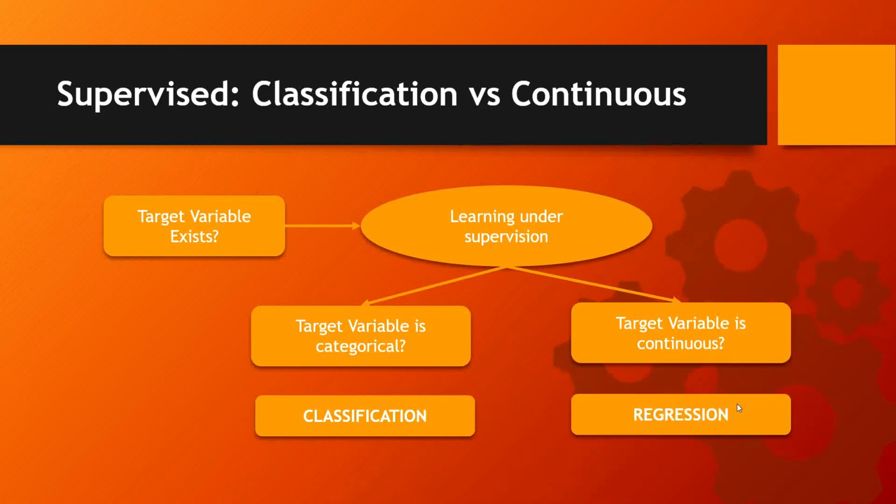So why are we trying to highlight this? It is because the types of learning algorithms or the modeling techniques are different for unsupervised and supervised learning, and even for classification and regression problems. The type of techniques, and even the performance measures and the way you understand them, is quite different.